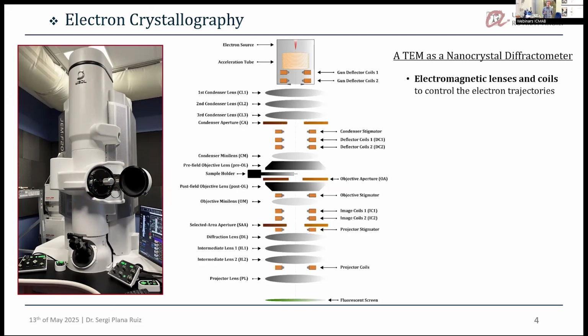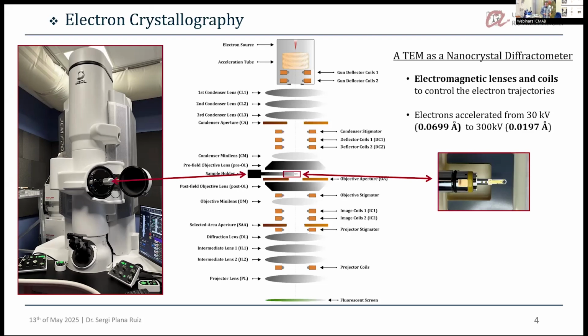We are using electromagnetic lenses and coils to deviate the trajectories of electrons through the column, and this allows us to focus the diffraction patterns and the images in this kind of instrument. These are quite flexible machines because electrons can be accelerated between 30 kV and 300 kV. This means we have a span of electron wavelengths that we can use in our diffraction applications.